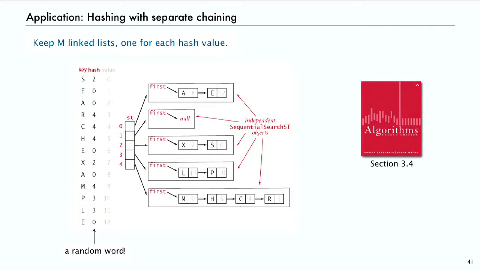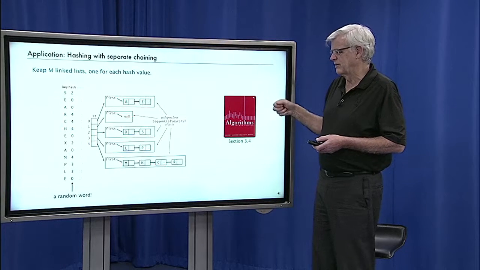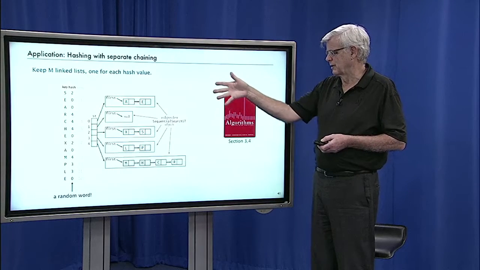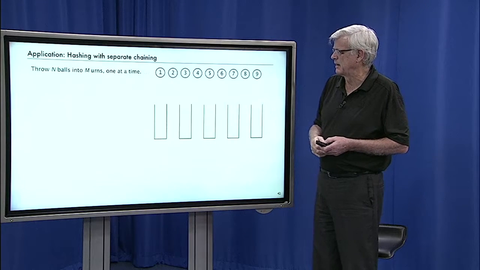And then we store the letters in lists indexed by the hash values. So those are the urns, and the keys and the associated values are the balls. That's easy to implement, and of course we're going to be interested in how long these lists are.